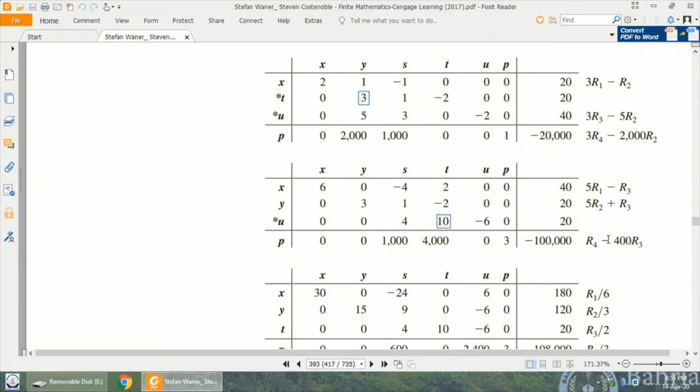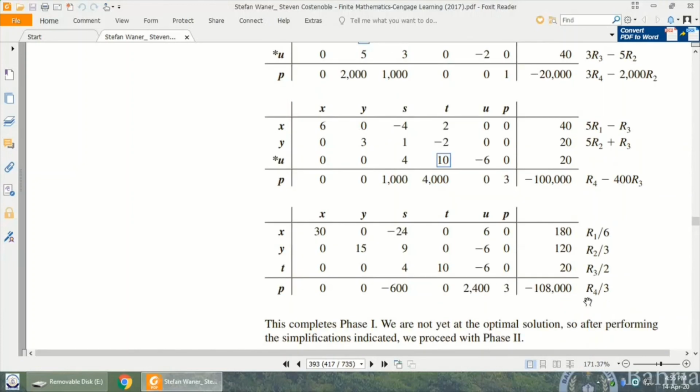But now again we are going to be performing the function of R4, which is minus 100,000 minus 400 into R3. See, this R3 is 8,000. So it's going to be minus 100,000 and minus 8,000 will give you minus 108,000, as you can see.